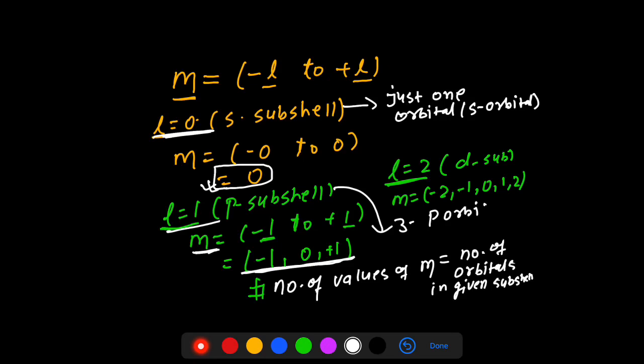For the p subshell, the number of values of m you can check is 3. There are 3 values of m, so the p subshell will have 3 p orbitals. Remember that. In d, if you check, there are 5 values of m, so there are 5 d orbitals in each d subshell.